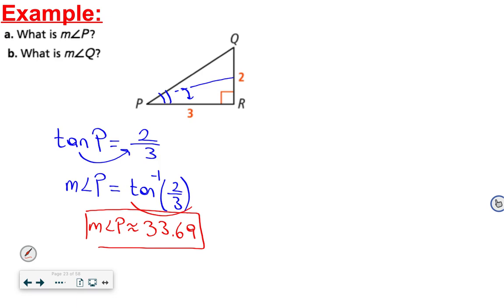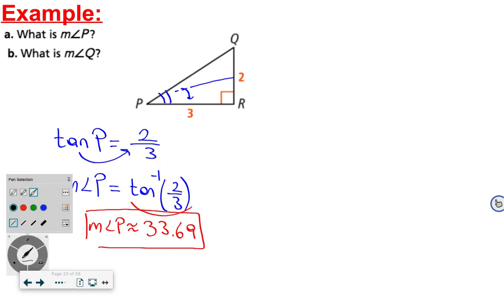Now I need to find measure of angle Q. If you want, you can use the inverse operation of a trigonometric function, or remember that the sum of the interior angles of a triangle is 180. You can use this idea to find measure of angle Q. So measure of angle Q plus measure of angle P plus 90 is going to become 180.